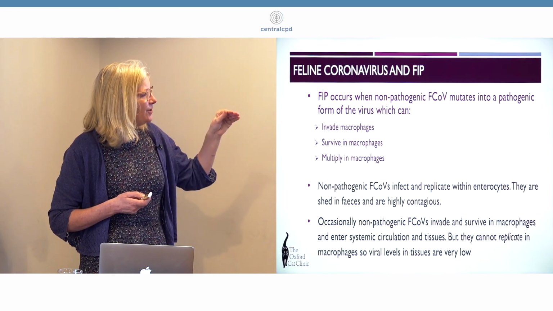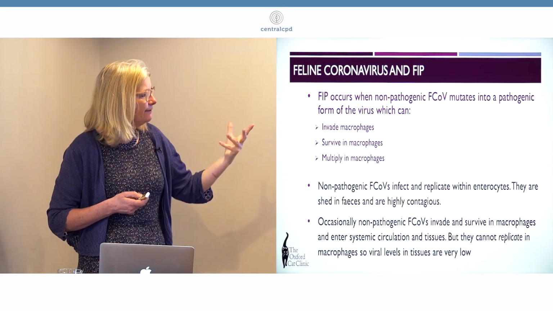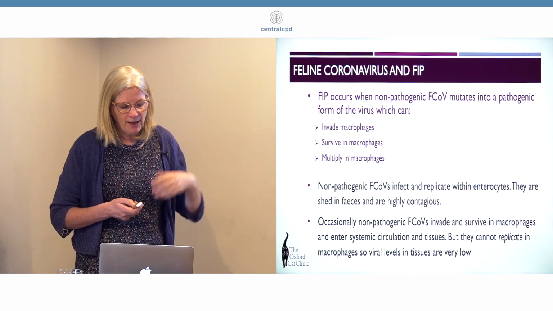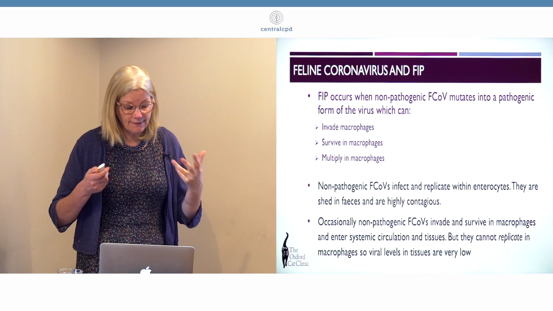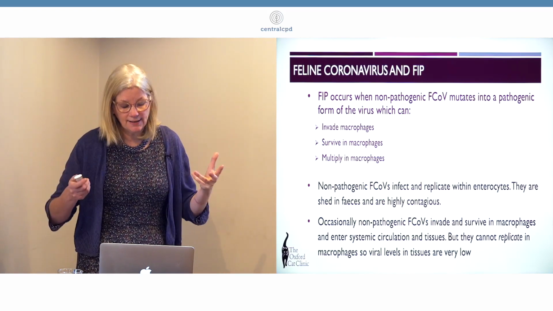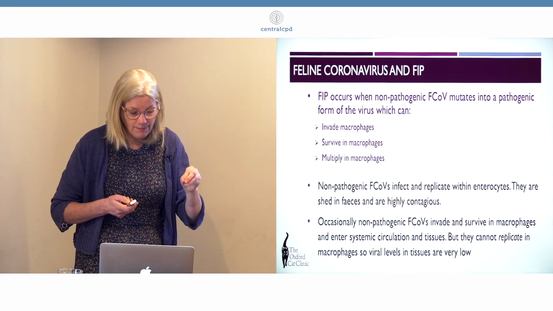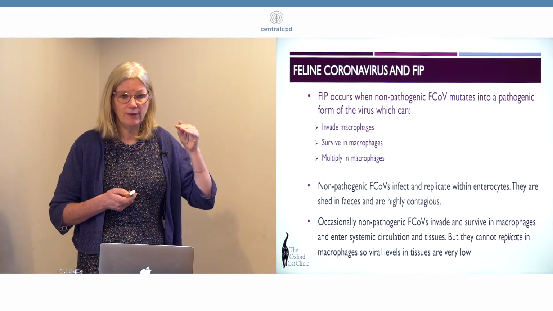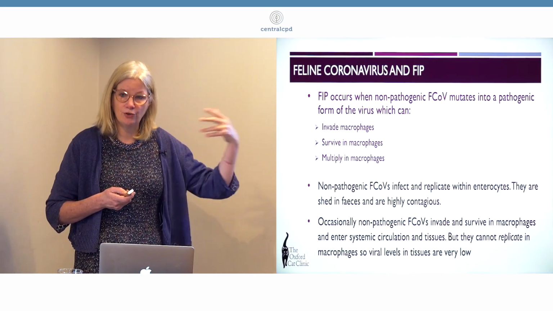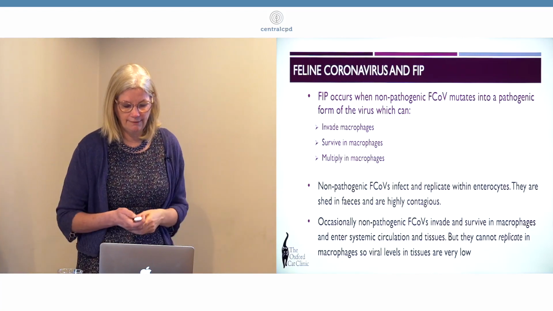So non-pathogenic coronaviruses in the enterocytes are shed in the feces, highly contagious. Occasional non-pathogenic coronaviruses invade and survive in macrophages and even get into the circulation. But if they can't replicate in macrophages, the viral level in tissues will be very low and not high enough to trigger the whole cascade of FIP.